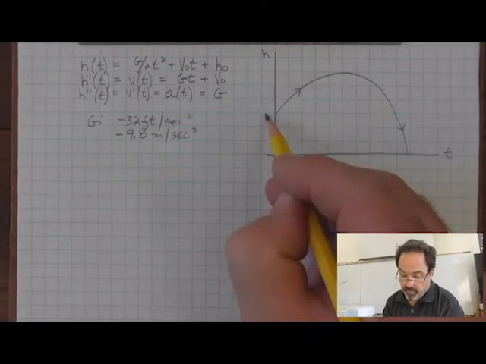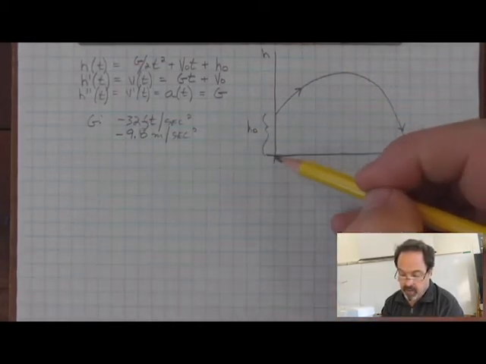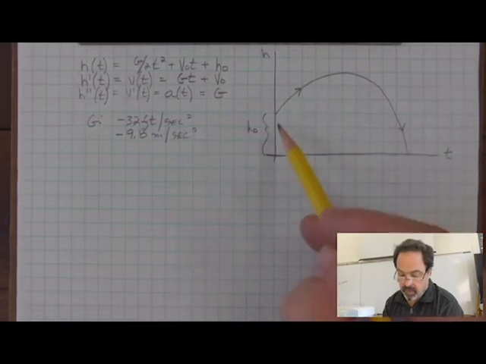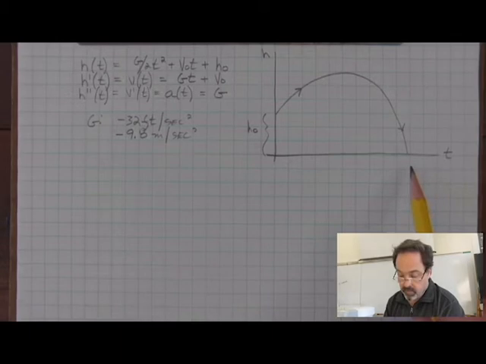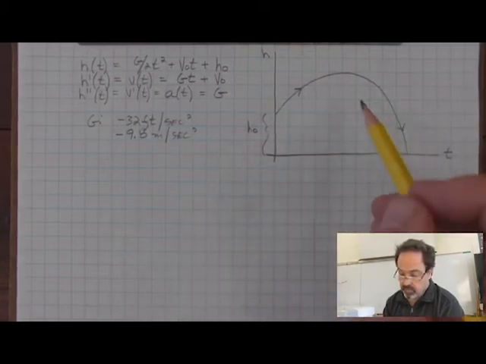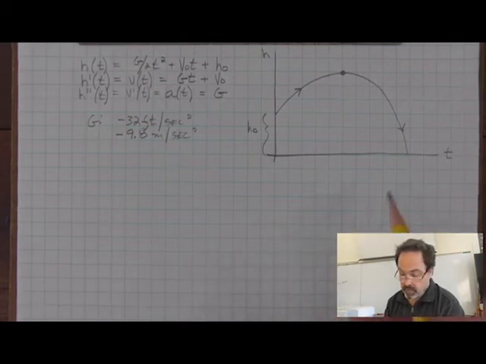of, in this case, maybe a ball. In our graph, the initial height might be the amount of height at the starting time, when time is equal to 0. And the ball is going to reach a maximum often, and it will come back down to have an x-intercept at some time as well.